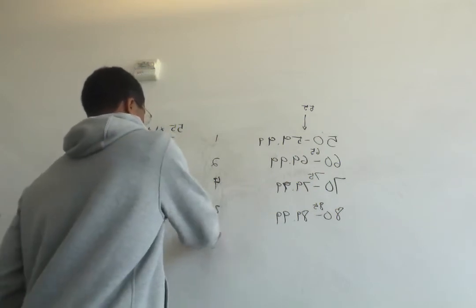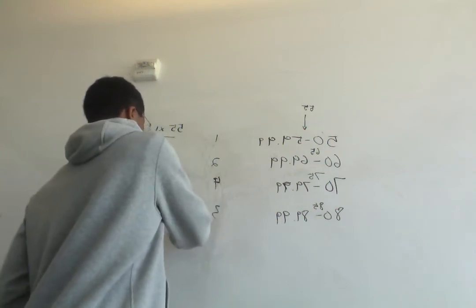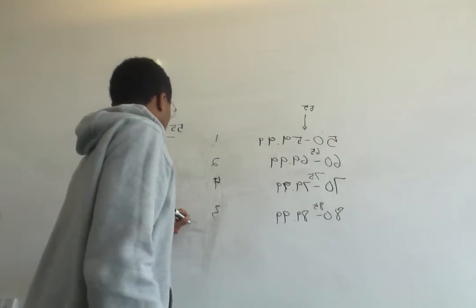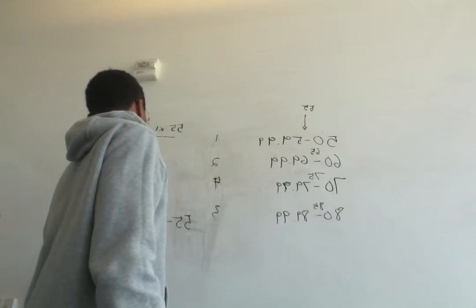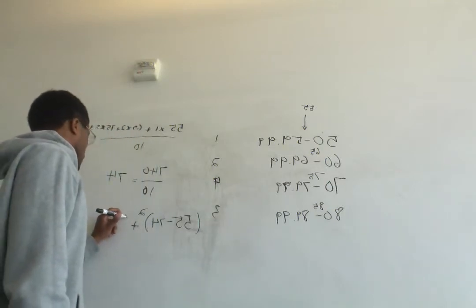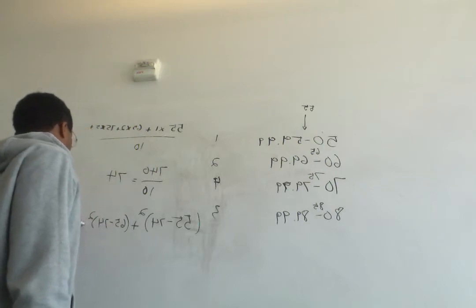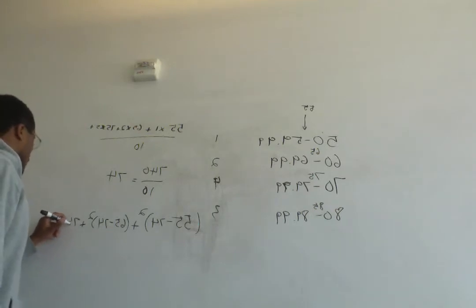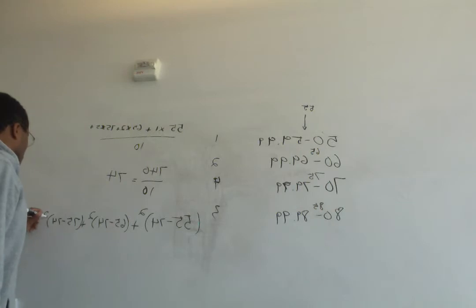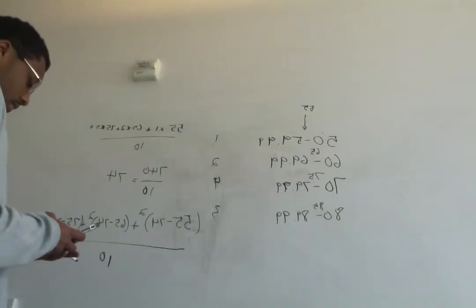You just take the midpoint, all over 10. So that you should come up with.